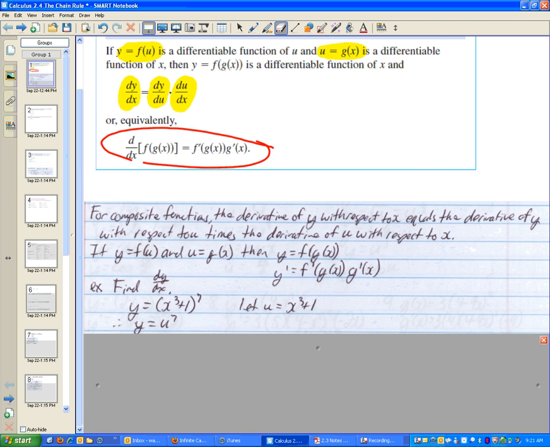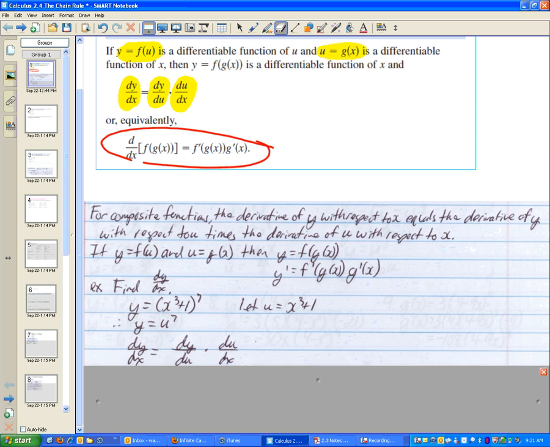So you see how it's starting to use some of the notation that I have up there highlighted in yellow. We have u's and x's and y's. So according to the chain rule, in symbols, dy dx equals dy du times du dx.